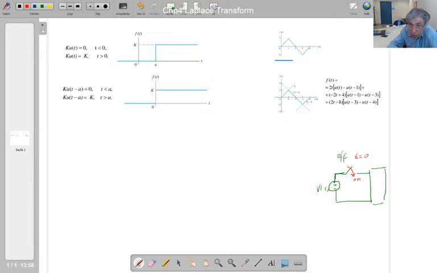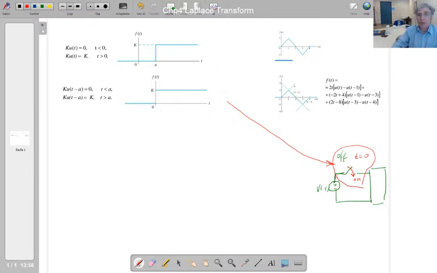So this switch now is the representation of this function, or this function represents this switch behavior in the physical world. So I said this is also useful in order to represent some functions which are available in practice.